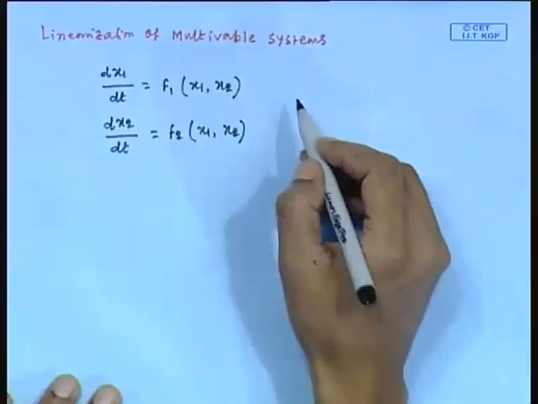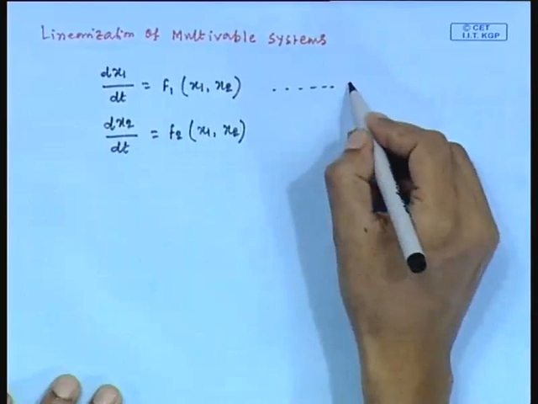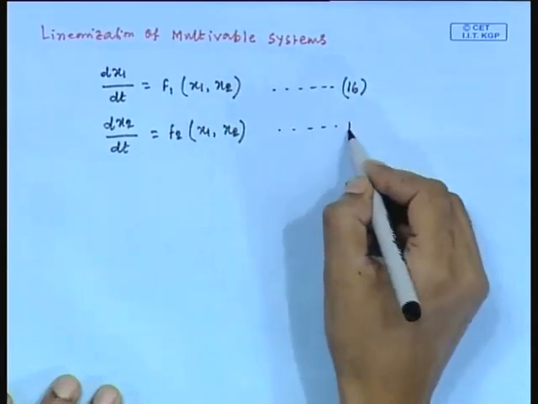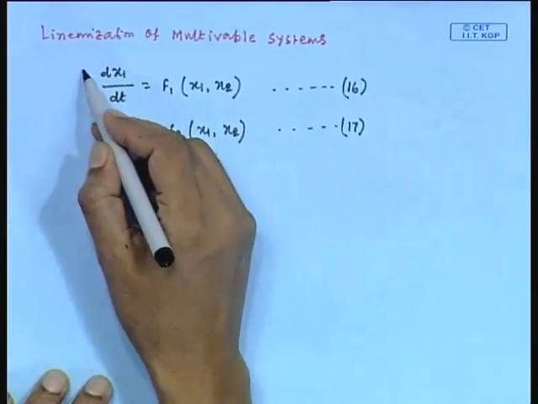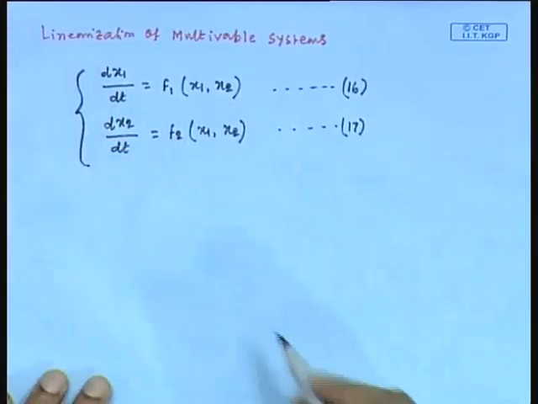We will continue the equation numbers. Yesterday we considered up to equation number 15, so today we will start from equation number 16 and this is equation number 17. So, this is the representation of a multivariable system.